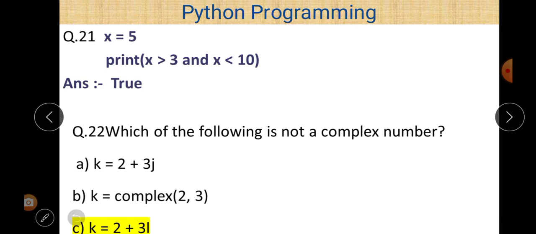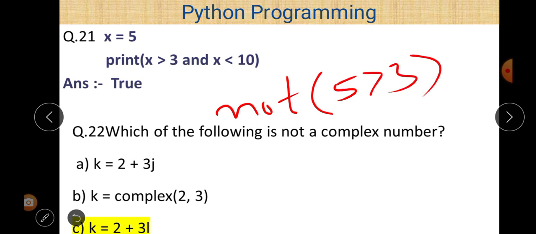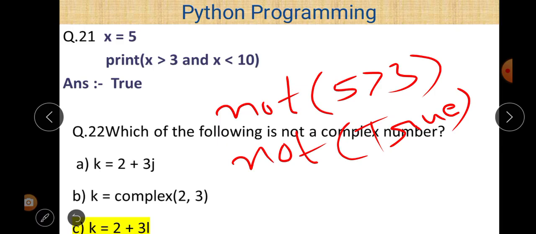Okay, and as far as third operator is concerned, which is NOT, basically it will negate your answer. For example, if I just write not 5 is greater than 3, it simply means that 5 is greater than 3 is true, so we do the negation of true, it means false is our final answer.